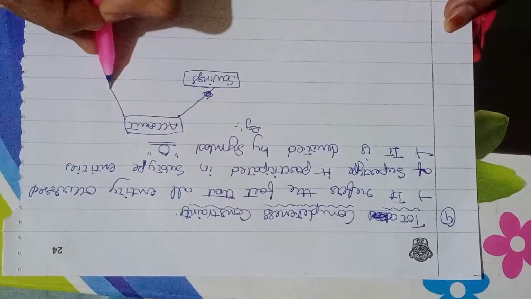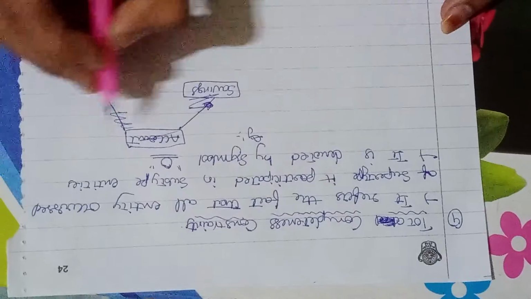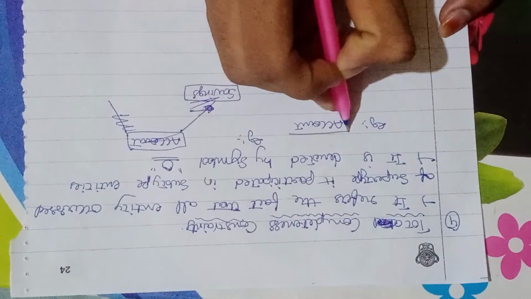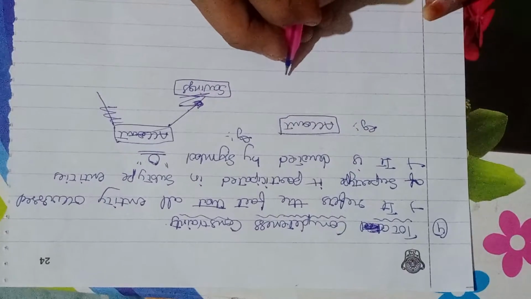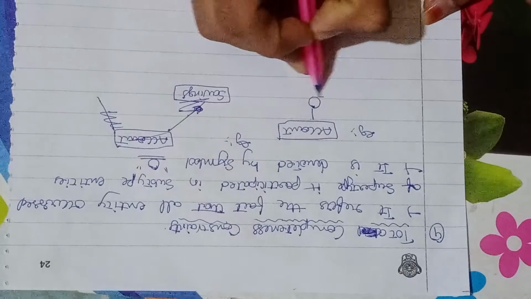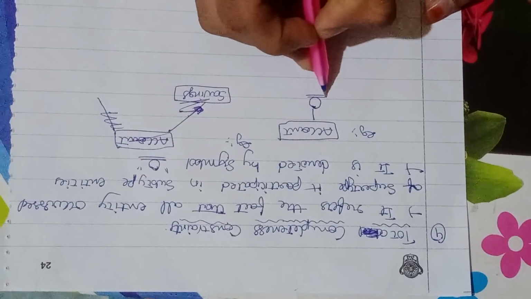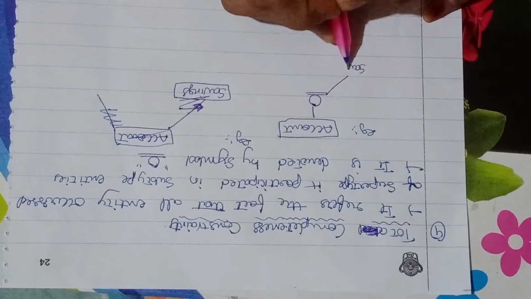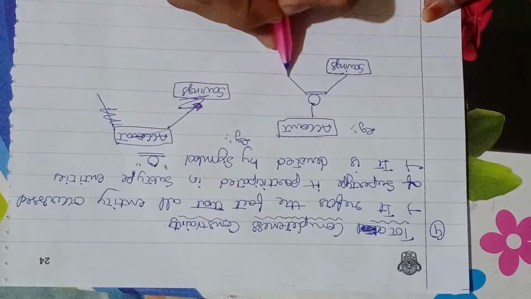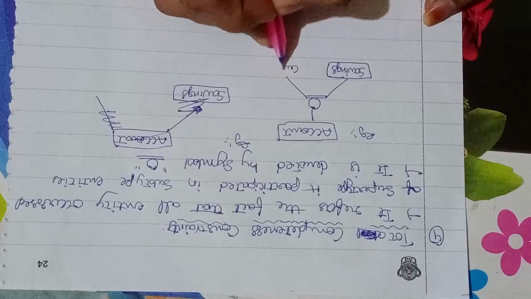This is current. The account is denoted by double dash O, with savings and a current account.